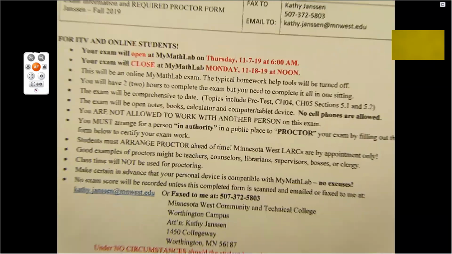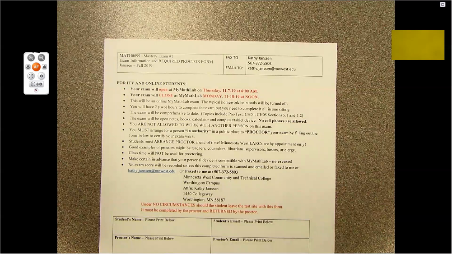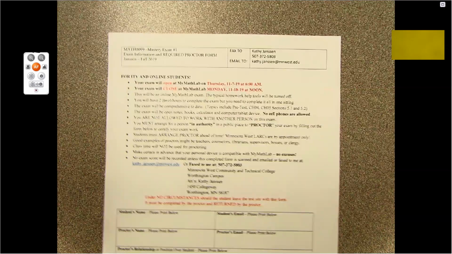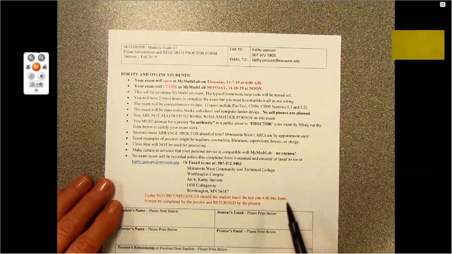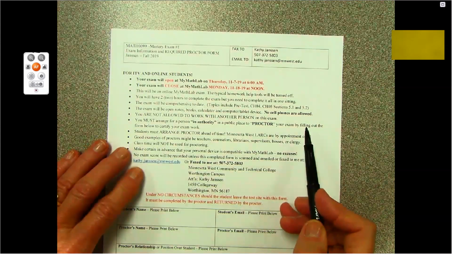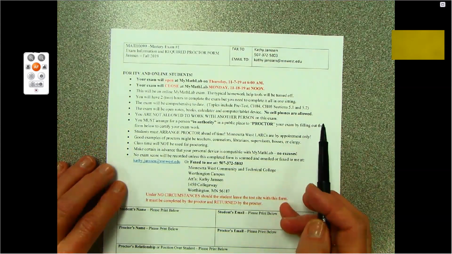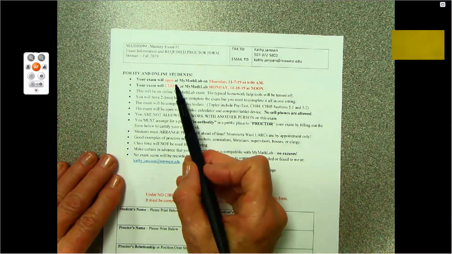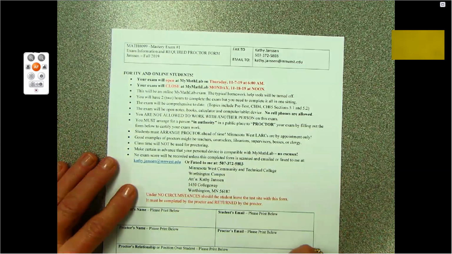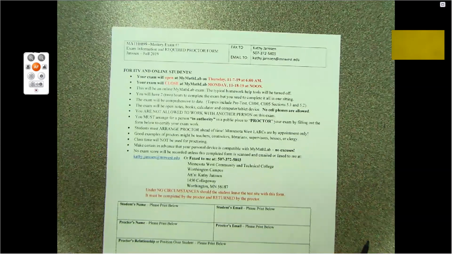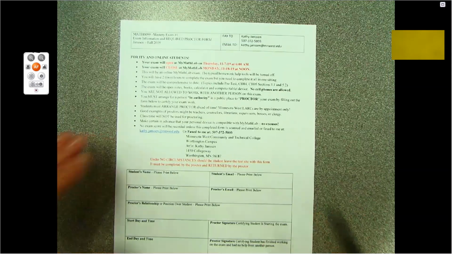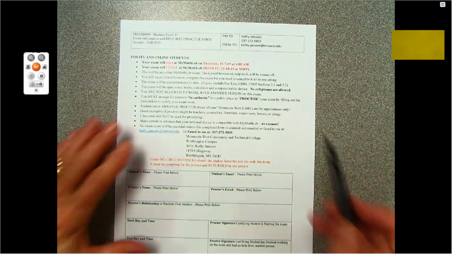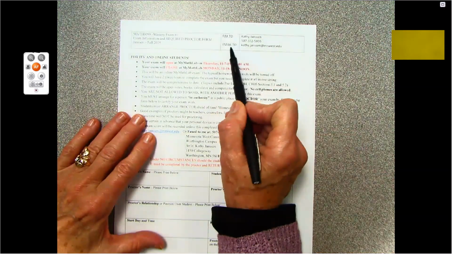Your midterm mastery exam is proctored, which means you have to have someone in authority watch you as you take the exam. I have emailed this form to you, so you'll have to print it out, complete it at the time of your testing, and then fax it or email it back to me.